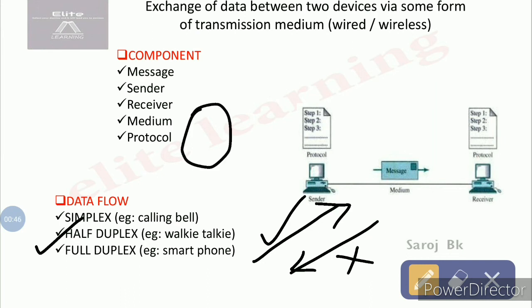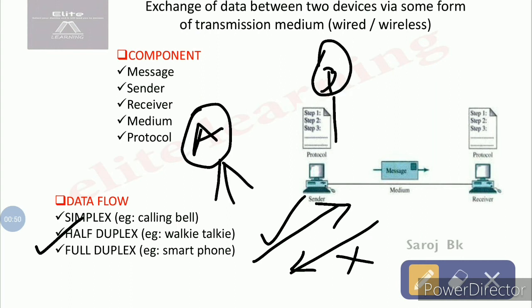There are two persons, A and B, having a conversation on walkie-talkies. Person A has to press the button of the walkie-talkie and then speak. Then only person B will hear his voice, right? At this particular instant of time, person A can only send his voice and person B can only listen.